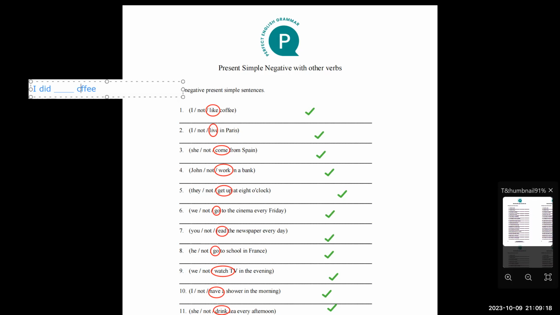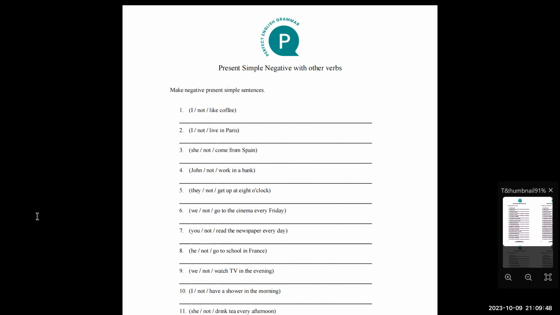Same for the verb like: I didn't like. We don't change the word. You don't need do, does, did, always in the present form of verbs like live. No need to change, okay? Perfect. Let's continue.